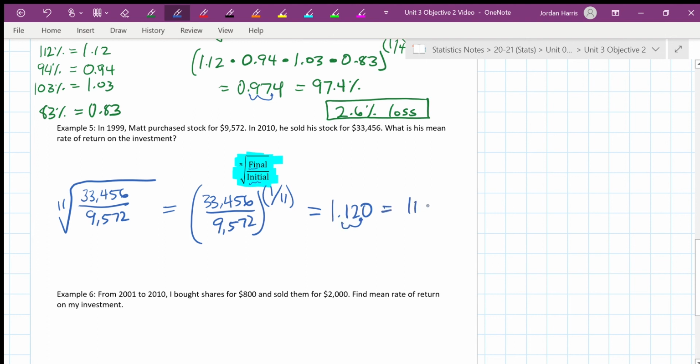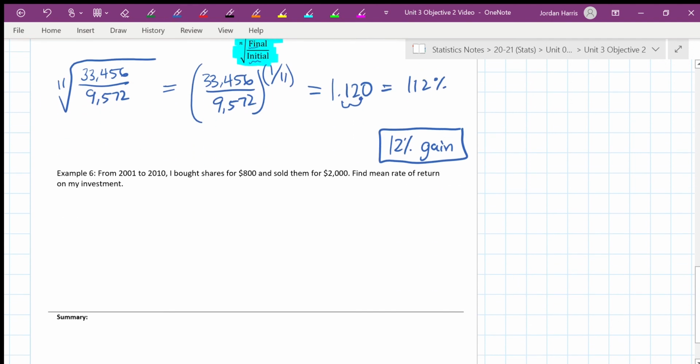So it's 112%. This is a 12% gain, because I'm 12% over 100. Remember, 100 is your break even. If you're over it, you gained. If you're under it, you lost. So in this case, I had a 12% gain each year. So throughout the 11 years, I had an average of 12% gain.